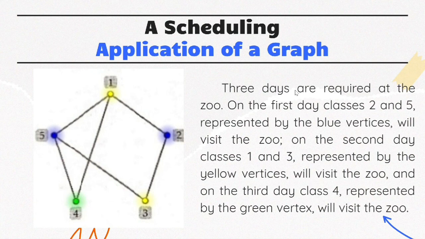On the first day, classes 2 and 5 will visit the zoo, okay? On the second day, classes 1 and 3, represented by yellow vertices, will visit the zoo together. And class 4, represented by the green vertex, will visit the zoo on the third day.